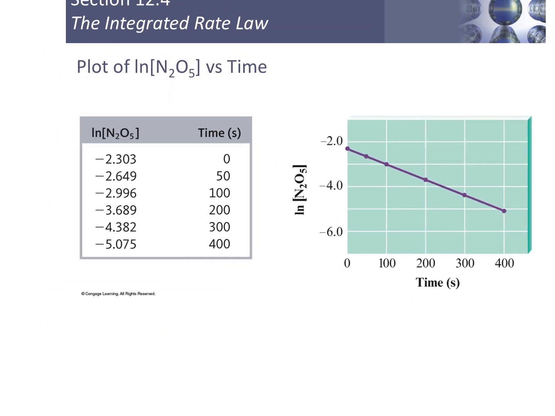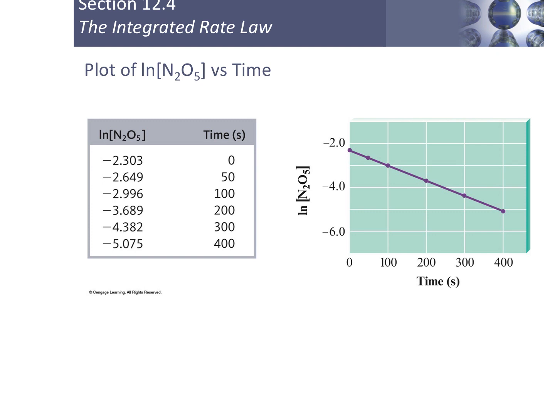We can see this graph of an integrated rate law that is a straight line in the negative direction. That is considered first order. So when we see first order reactions, we should see a slope that looks just like this. Any reaction that is first order would have a graph that looks similar to that: a straight line in the negative direction, because the natural log of our concentration will decrease as time goes on.